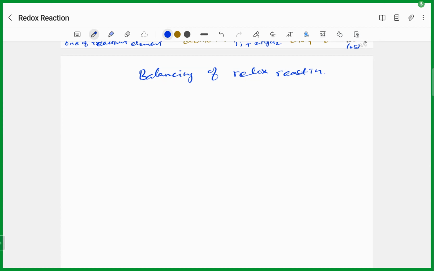And then step 2, split the reaction into two half reactions, one for oxidation and the other for reduction.